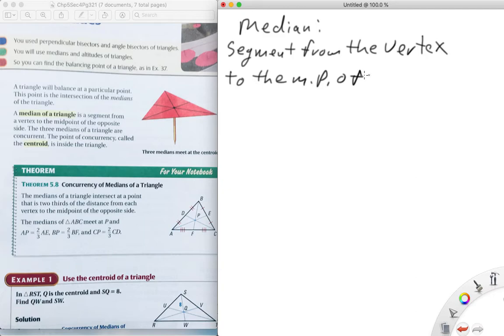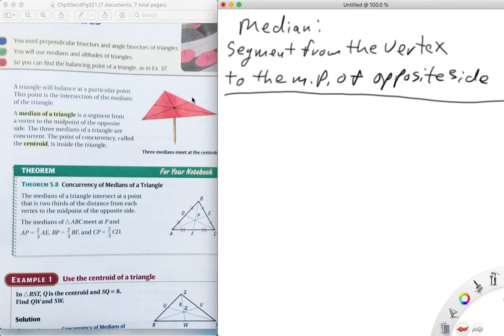Since there's three sides of a triangle, there are three medians. The point of concurrency, or the point where all three medians meet, is called the centroid.